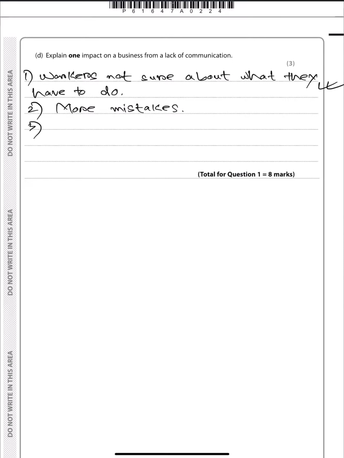So making more mistakes will mean that the quality of my good or service will fall and my customer satisfaction will decrease. That's it. Same drill for 3 markers, and this gets us through our first question.